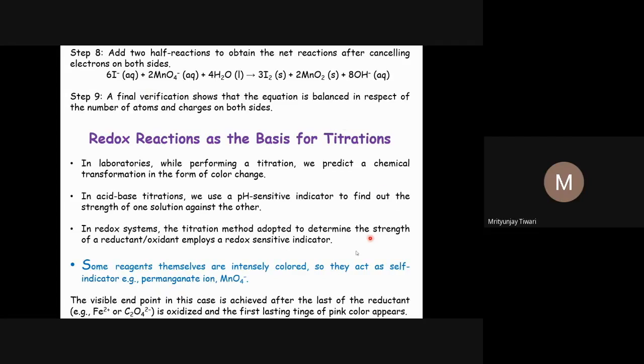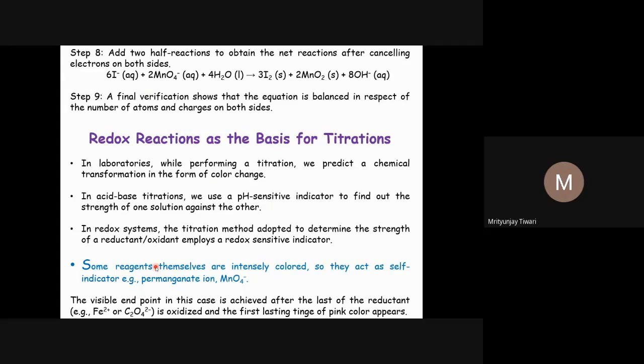For example, in the case of the permanganate ion, MnO4 minus, as in potassium permanganate, KMnO4. K2MnO4 is potassium manganate, while KMnO4 is permanganate. Some redox reagents, like the permanganate ion, are themselves intensely colored.